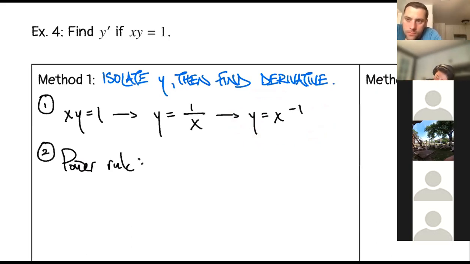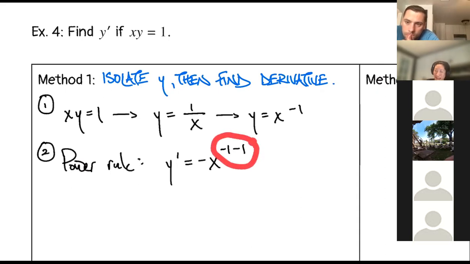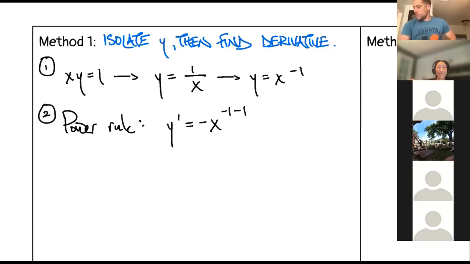And so when we take the derivative of y, we get y prime. When we take the derivative of x to the negative 1, we get negative x to the... I'm actually going to write this out because a few of you, and I'm not going to put you on the spot, have been adding incorrectly in your powers and getting some strange answers. If that was you, this is for you. Please write that out so that you don't make that mistake.